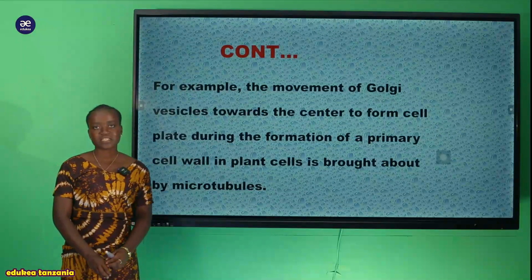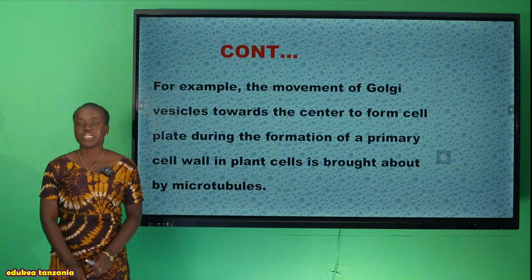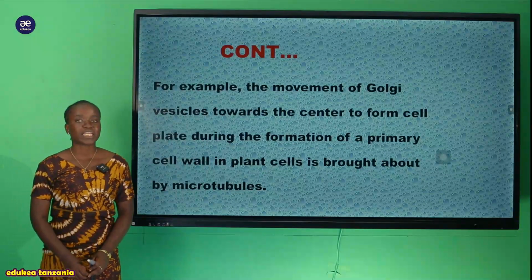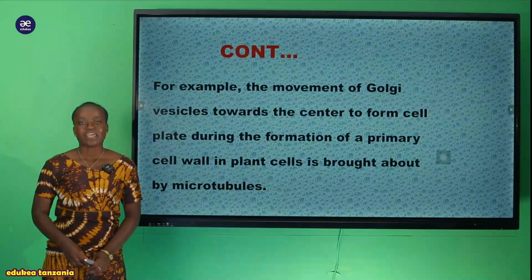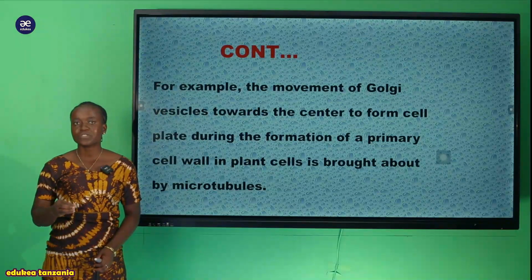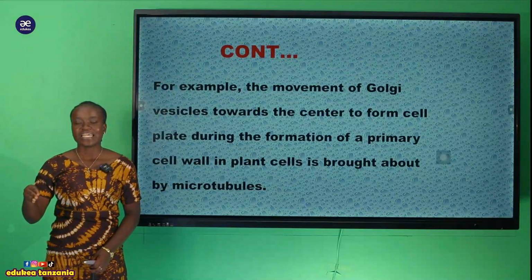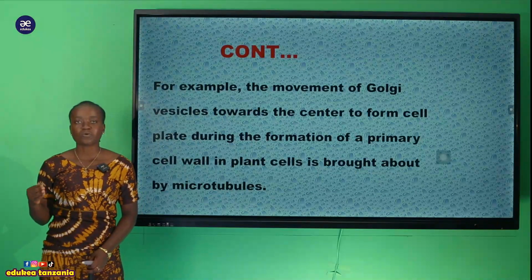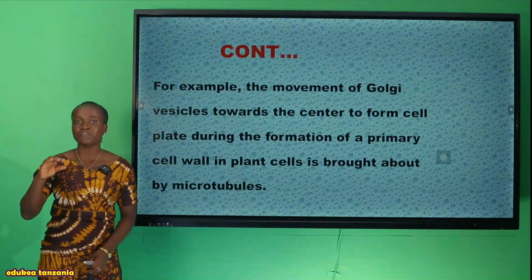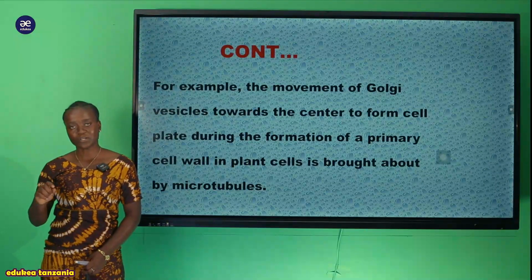Remember, while we were discussing the Golgi apparatus, we said Golgi vesicles or Golgi apparatus are very much involved in making the cell wall. How do the contents used to make the cell wall travel from the cytoplasm to the cell wall? We say that movement is enhanced due to the presence of the microtubules.